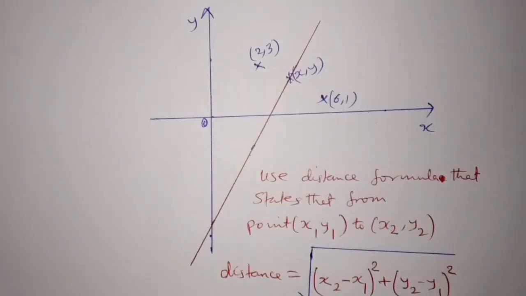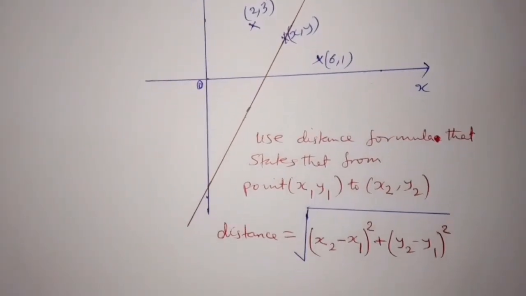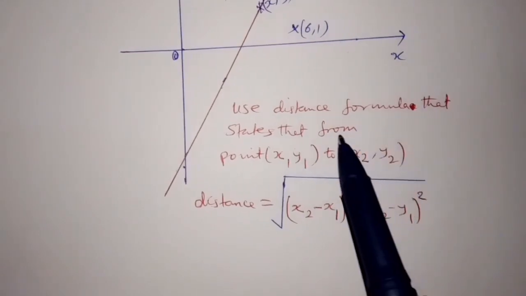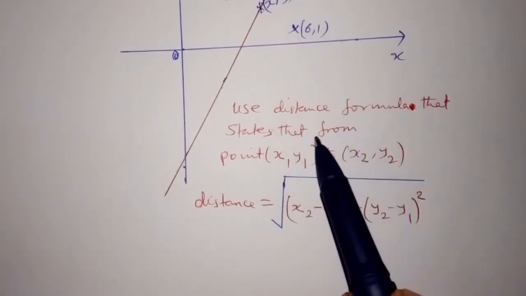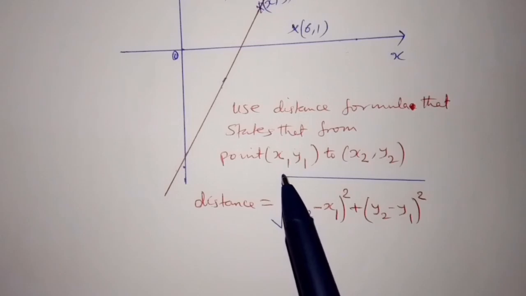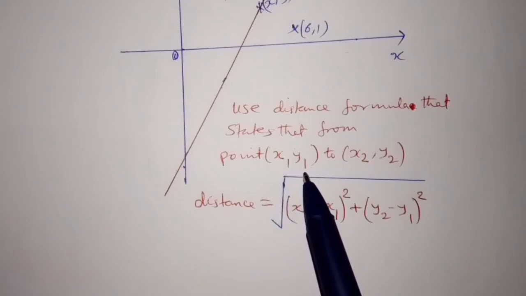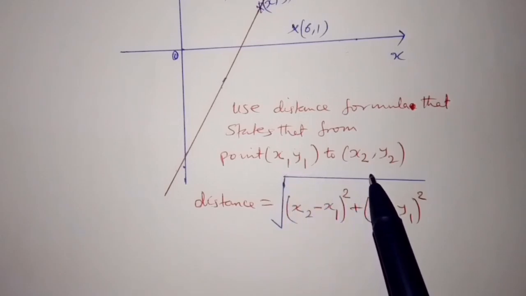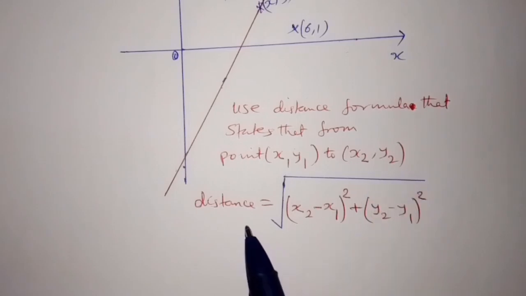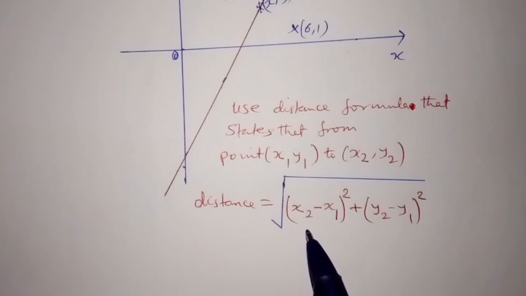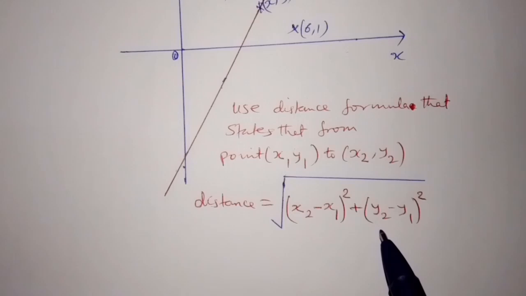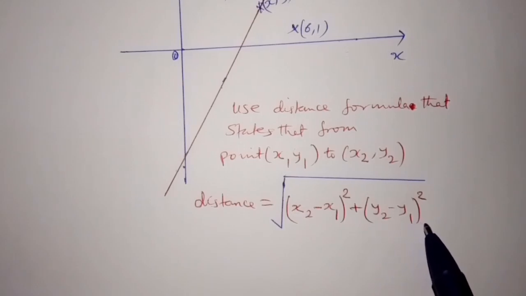So now we want to use the distance formula that states that from point x1, y1 to point x2, y2, the distance is given by the square root of x2 minus x1 squared plus y2 minus y1 squared.